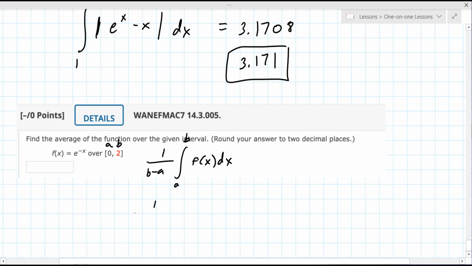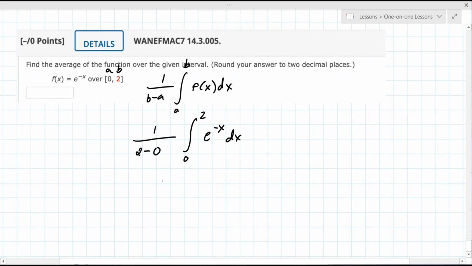So for you, you're going to do 1 over 2 minus 0, that's b and a, integral 0 to 2 e to the minus x dx. So you're just going to take a half, and you're going to go to your calculator, do a math 9 again, like this, and 2 decimal places for your answer on that one.